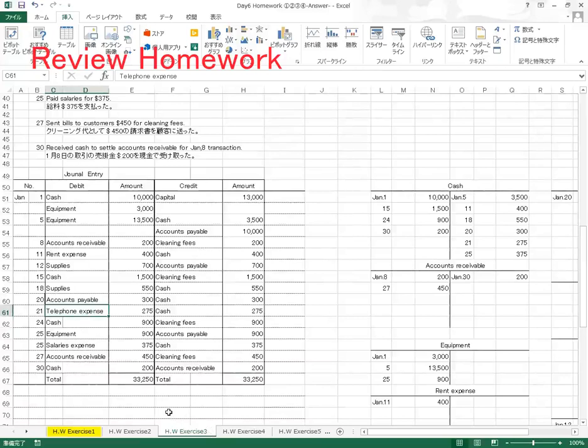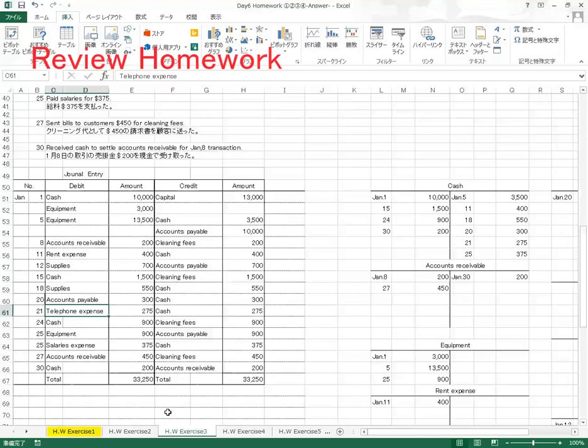So account title is not like an academic name. There is one term for one academic name. That is the academic rule. But account title is much more flexible. So for telephone expense, you can write communication expense or a communication fee. Those three words are exchangeable.